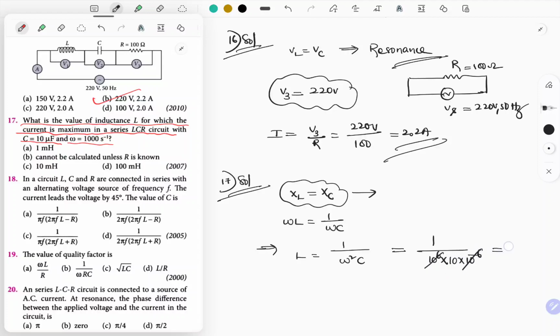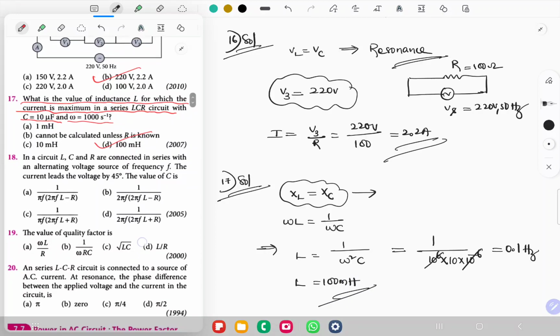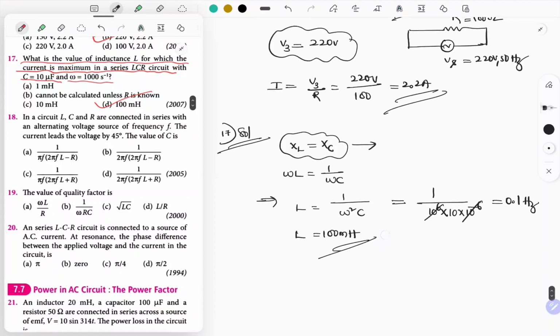It will get cancelled. The answer is 0.1 Henry. Or else you can write it as 100 millihenry. Option D is the suitable answer. Understood? Next, question number 18.